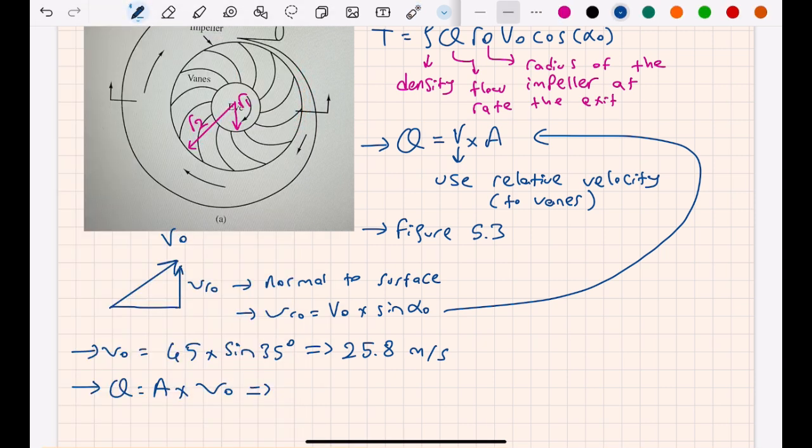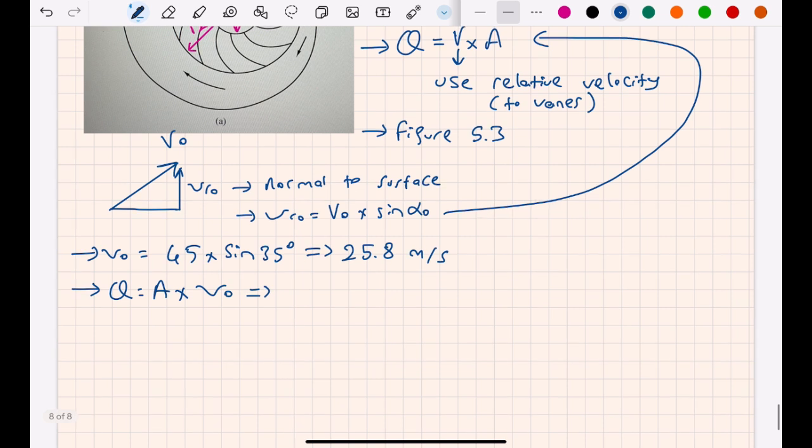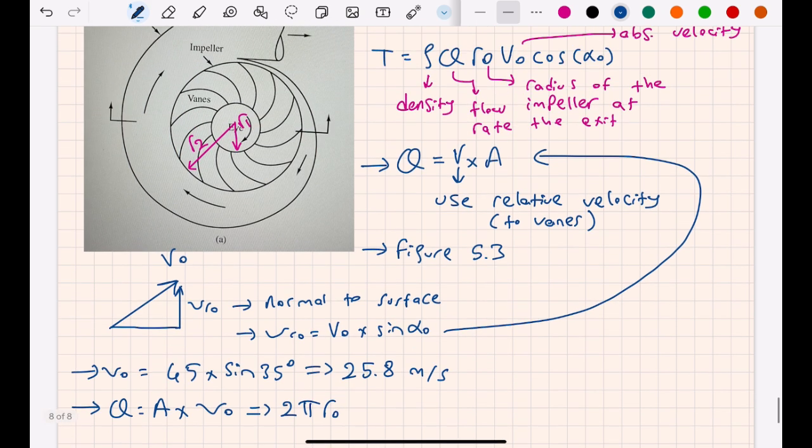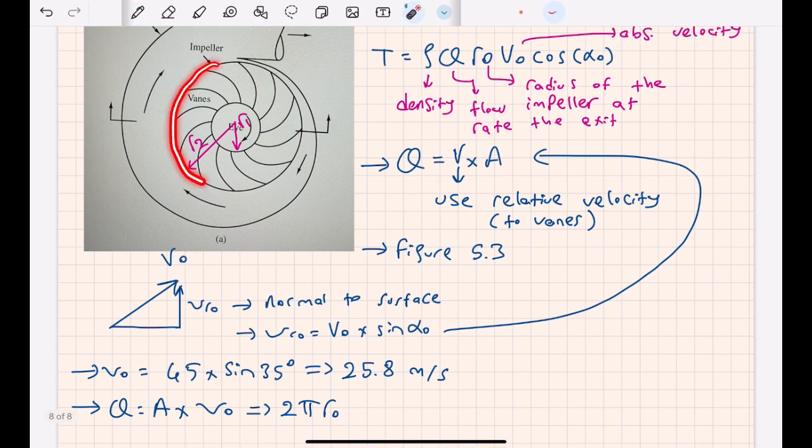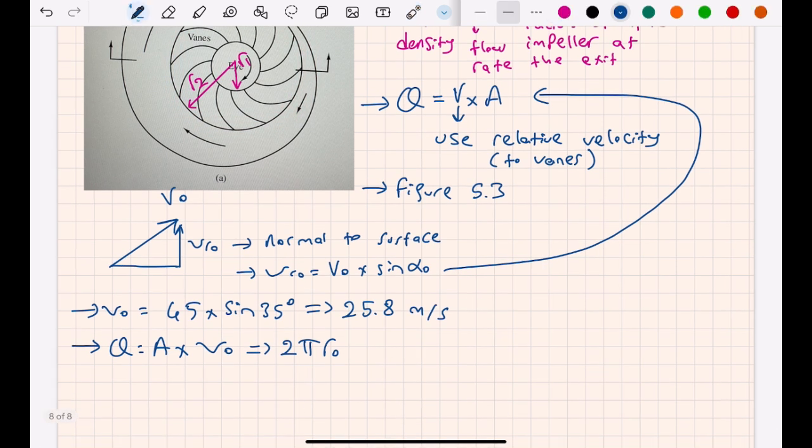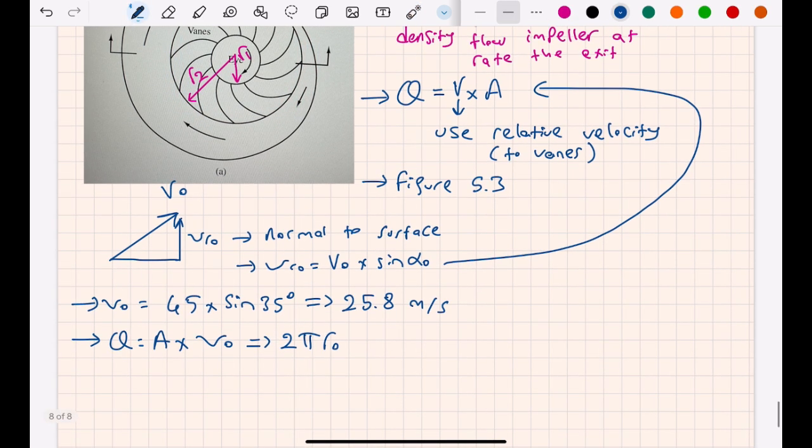So it will be 2π R0, which is the outside radius here, and we have the width of vanes, which was 20 centimeters, and of course, times relative velocity.